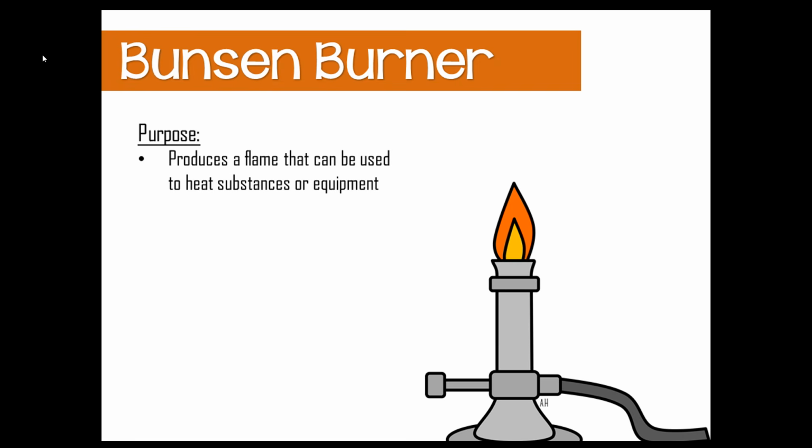And then there's going to be a rubber tubing that connects the Bunsen burner to a gas valve that we have in the classroom. I'll turn on the gas, and we'll practice doing this before we do a lab with the Bunsen burner because it's much more involved than what I'm going over today. But all you need to know for right now is it produces an open flame.